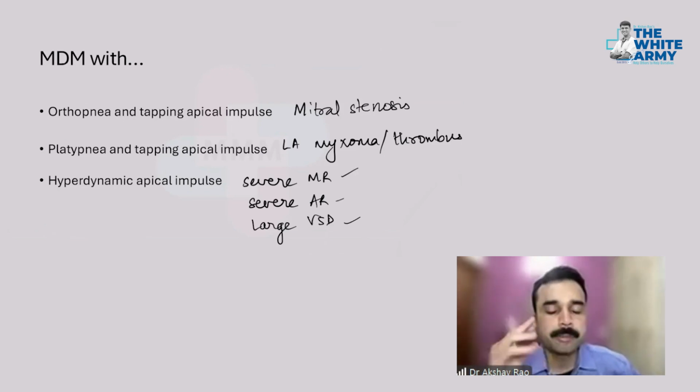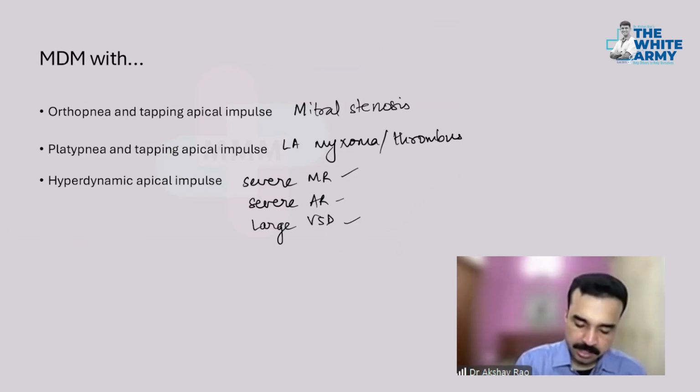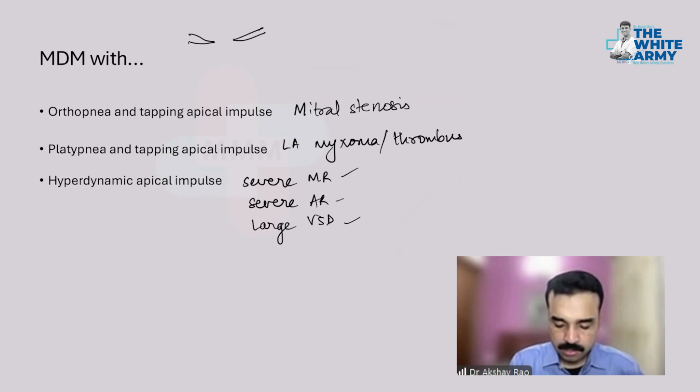Because MDM, the basic principle is, if this is the mitral valve opening and there is X amount of blood trying to flow through this, normally it's X. What if this opening is narrowed and X amount of blood is trying to flow through the narrow opening? That will produce turbulence. This is what you see in mitral stenosis.